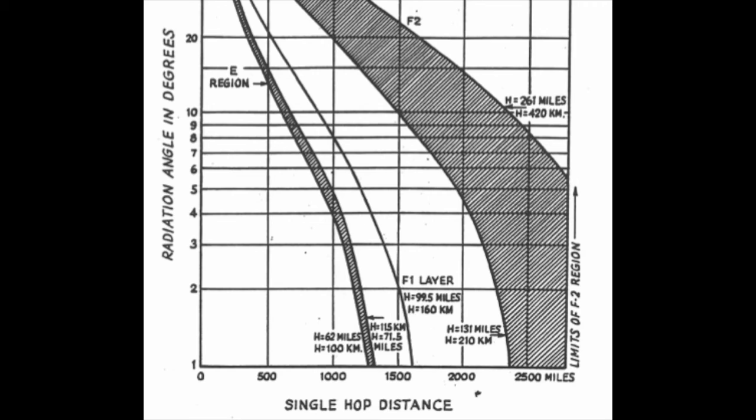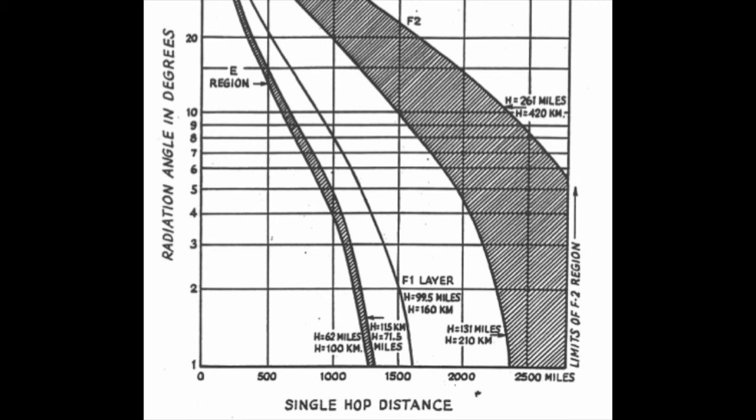And of course, the actual single hop distance varies with the height of the region. So the region is moving up and down from about maybe 62 miles to maybe 75 miles, something like that.